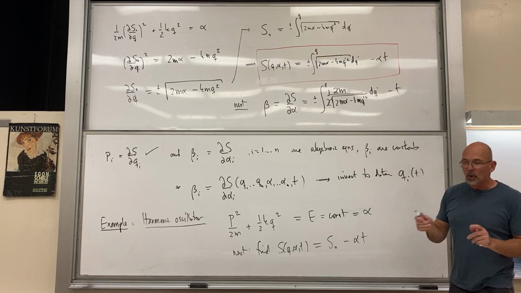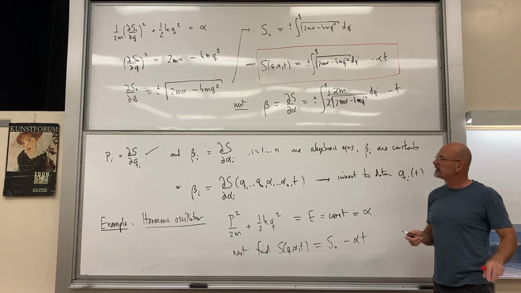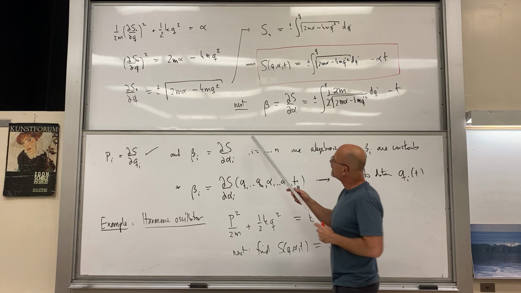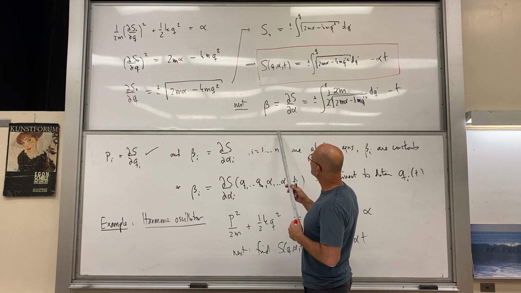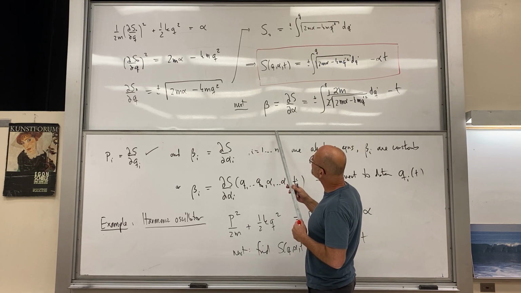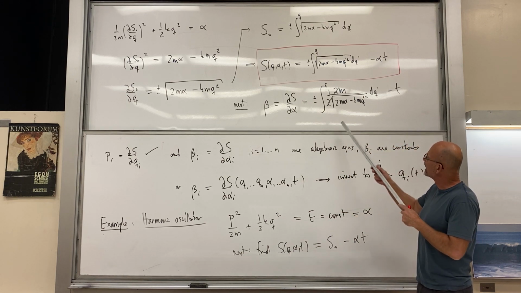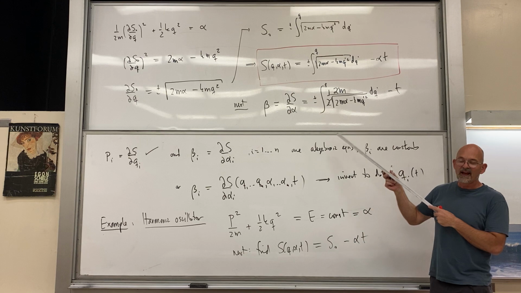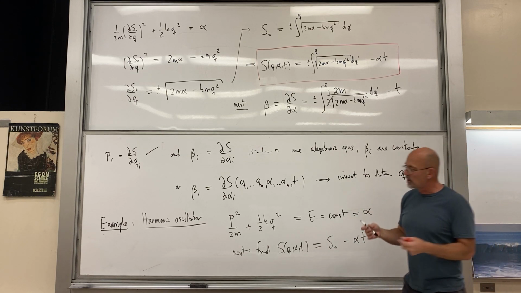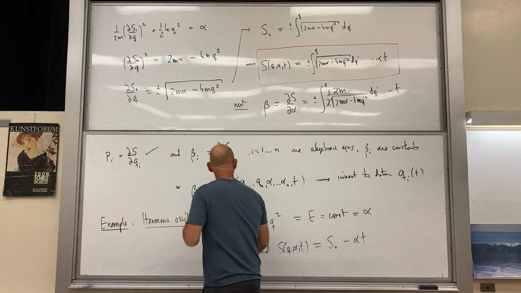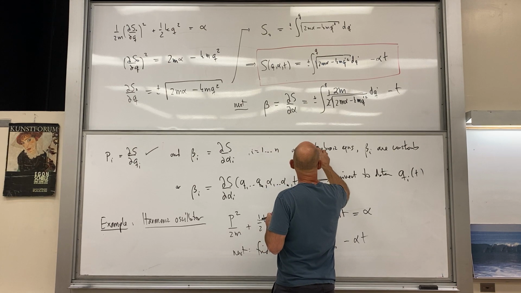Now our goal is to find Q of t. And since this is the linear harmonic oscillator, did I write it down anywhere? Yeah. Since this is the harmonic oscillator, we know what the answer is going to be, sine or a cosine. So let's see how that will come about.